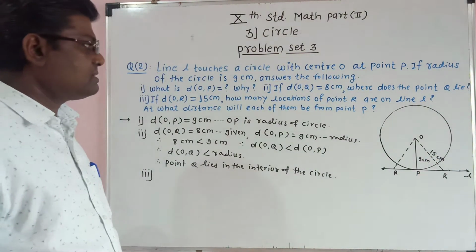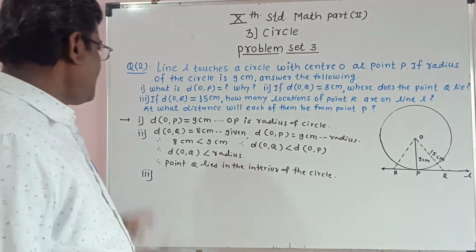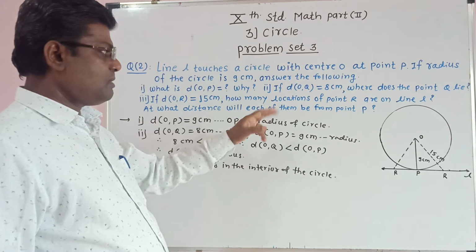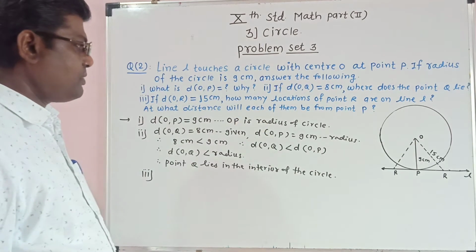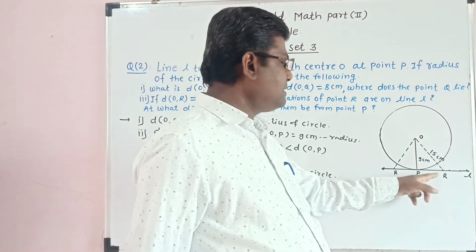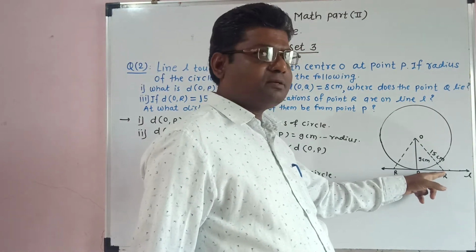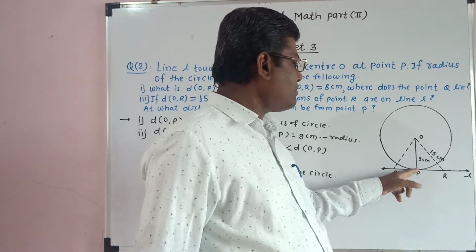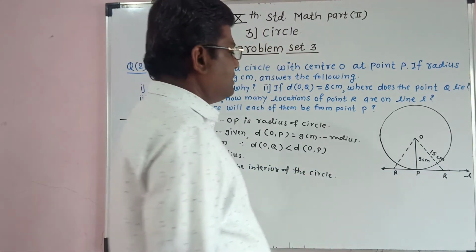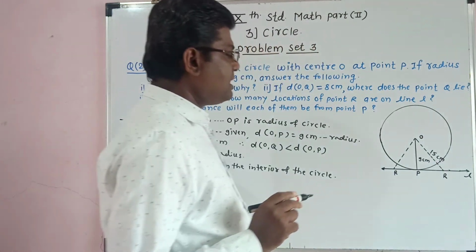How many locations of point R on the line L? At what distance will each of them be from point P? So we have to at first find the location of point R, that is distance of point R from point P. Now let's see this triangle OPR.